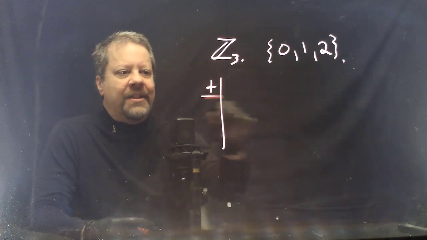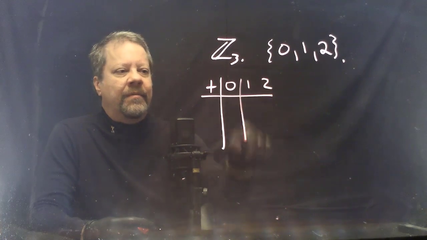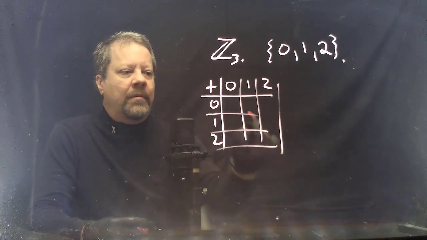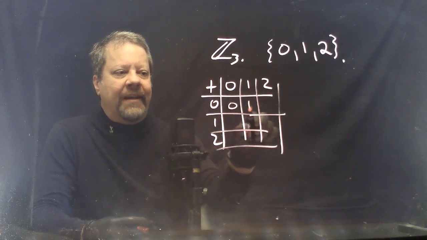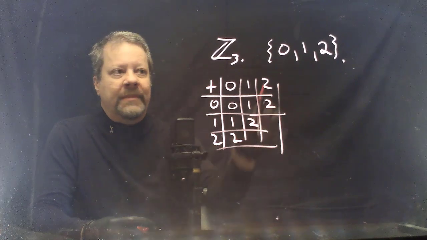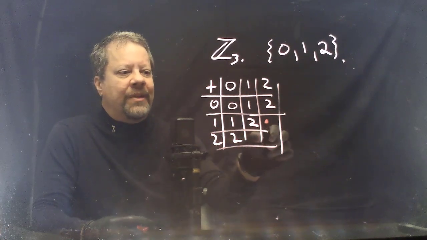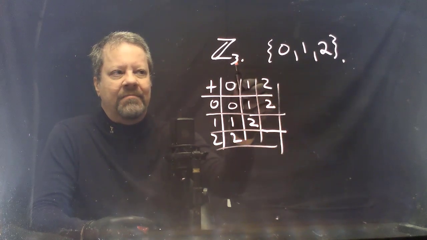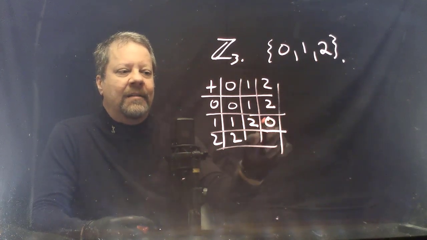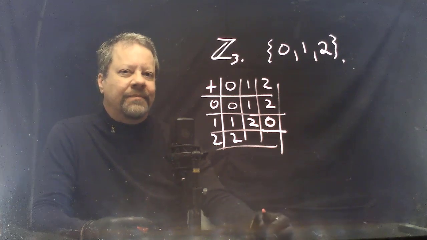So in our addition table, if you add 0 to anything, it leaves it alone. 1 plus 1 is 2 in Z3. 1 plus 2 would normally be 3. 3 is not in this set, so we have to subtract 3 to get ourselves back in. So 1 plus 2 is 0.